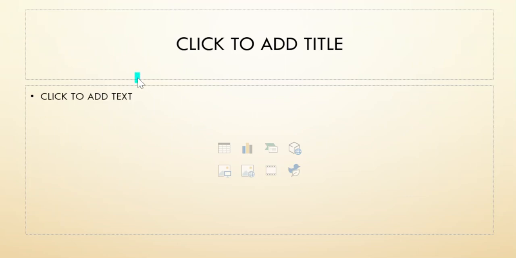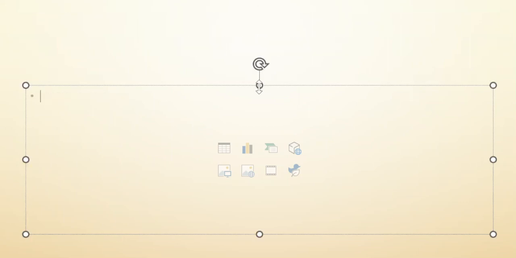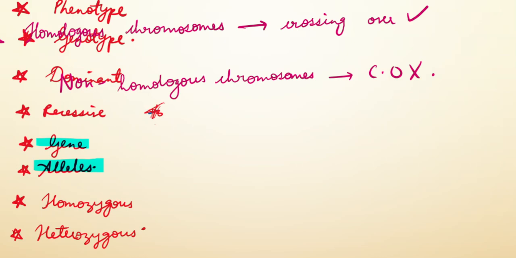Now let's speak about what is genotype and what is phenotype. These are all terminology in genetics. You can write it here that it's terminology in genetics.